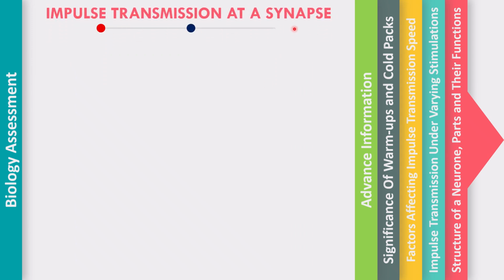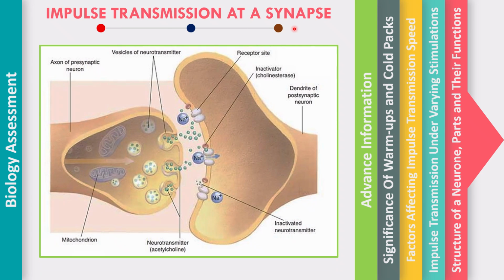Impulse transmission at the synapse. Here we have the axon of the presynaptic neuron, and then here we have the presynaptic membrane. This is a postsynaptic neuron with a postsynaptic membrane.